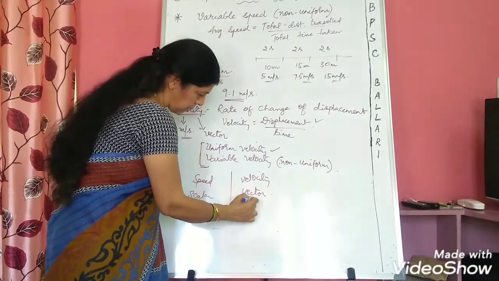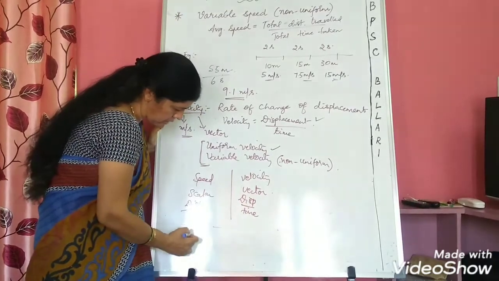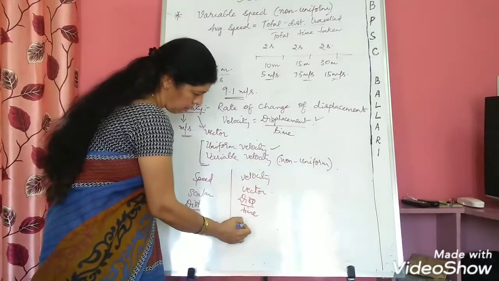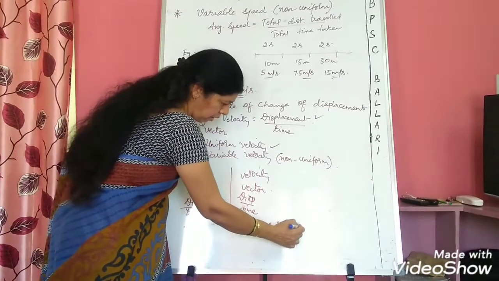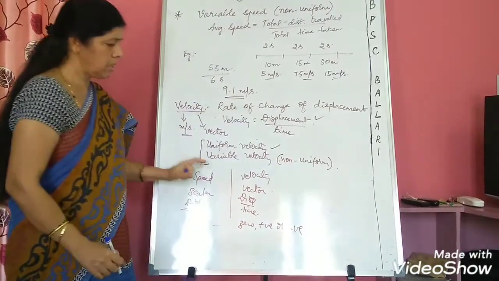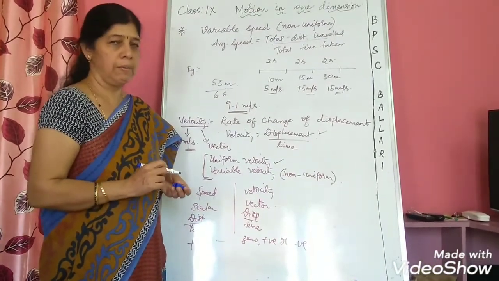Here it is displacement by time taken. Speed is always positive, but velocity can be zero, positive or negative. So these are some of the differences you should note between speed and velocity.